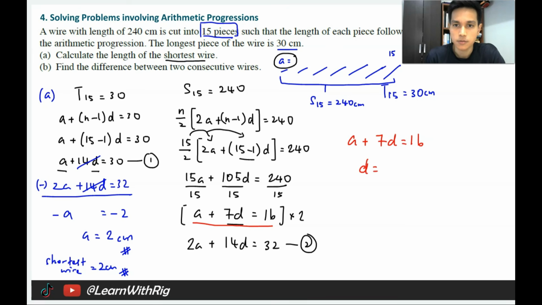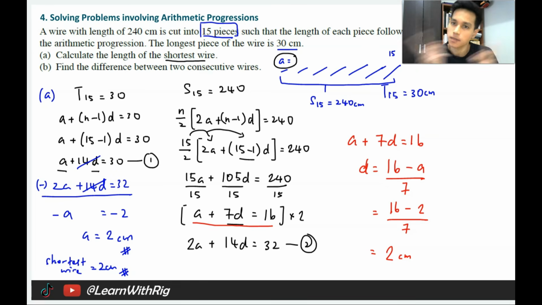So d equals (16 minus a) over 7. 16 minus a, what is a? a is 2, divided by 7. So 14 divided by 7 is 2 cm. So the difference between each of the consecutive wires is 2 cm longer than the previous one.